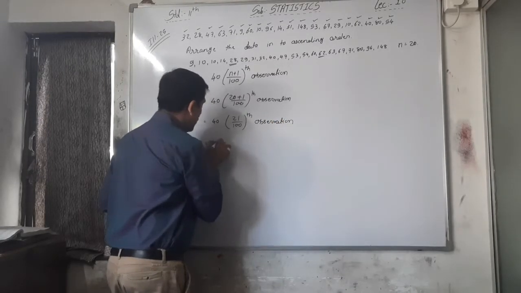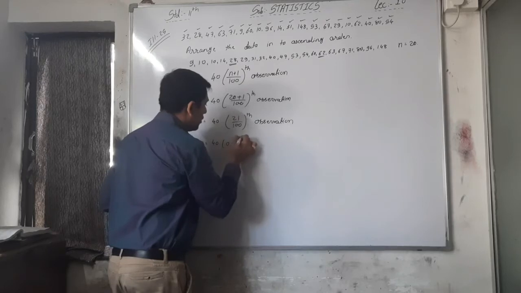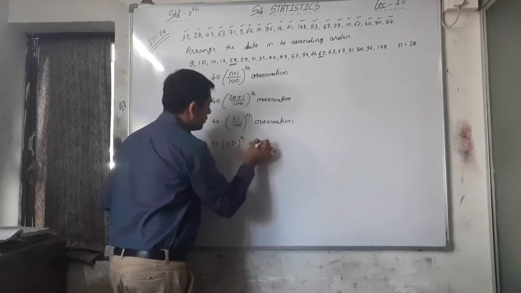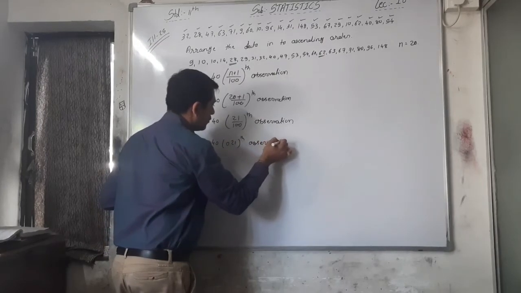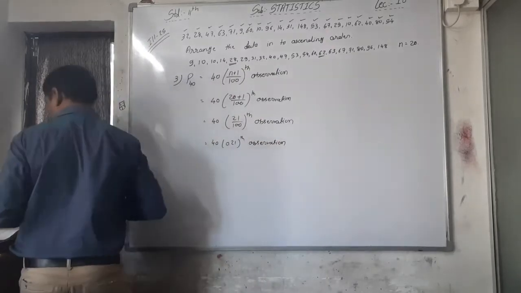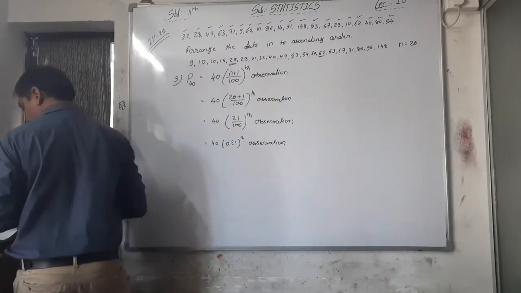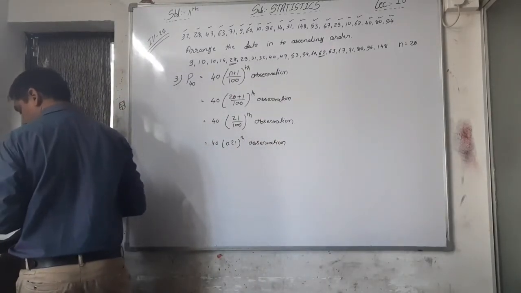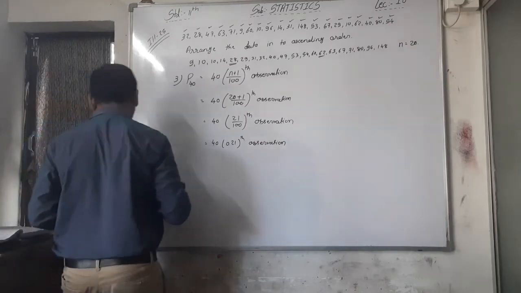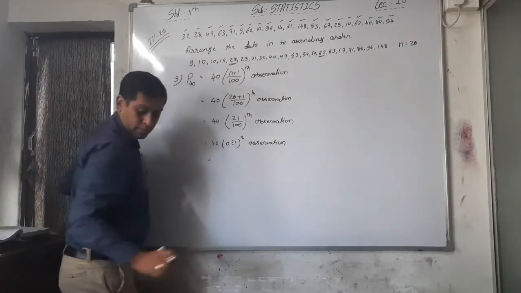So here 40 into bracket 0.21 observation, right? So 40 into 0.21, that is 8.4th observation.